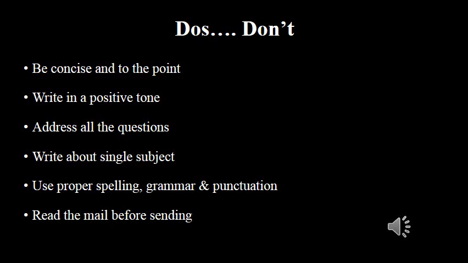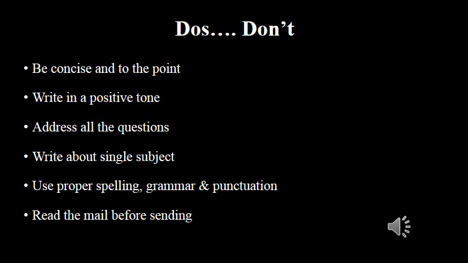The next important thing, use proper spelling, grammar and punctuation. We already discussed the qualities of email. Improper usage of spelling, grammar and punctuation may build a bad reputation about the organization. So we have to proofread the mail before sending it.